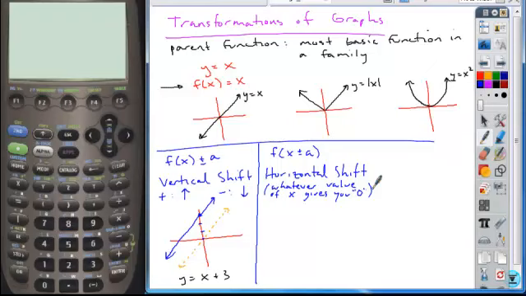The shift that occurs is whatever value of x that gives you 0.